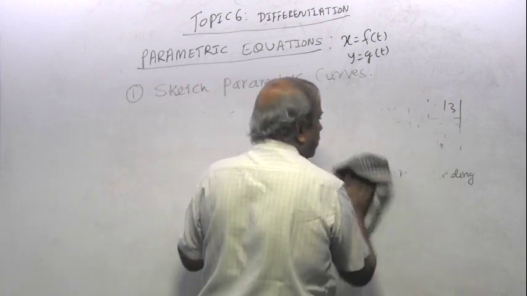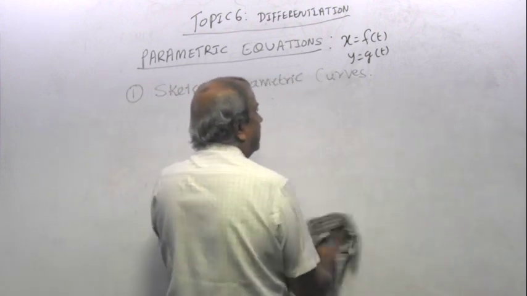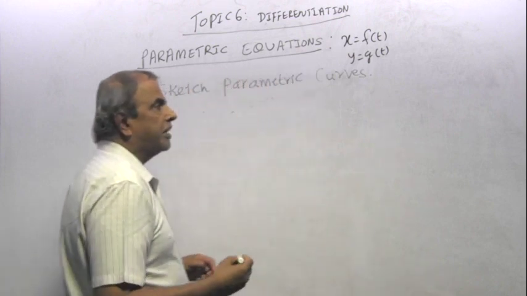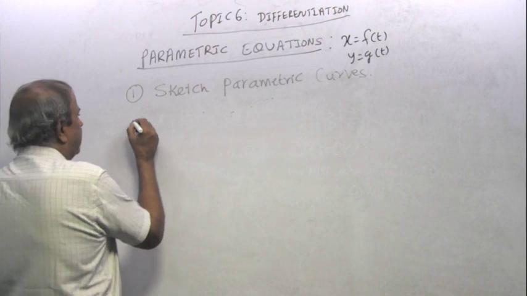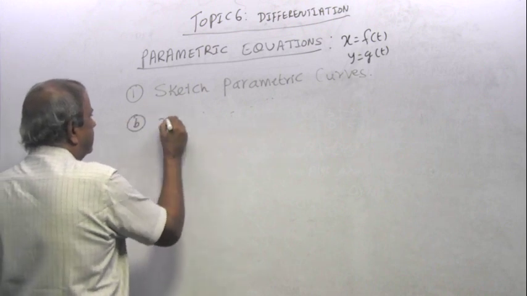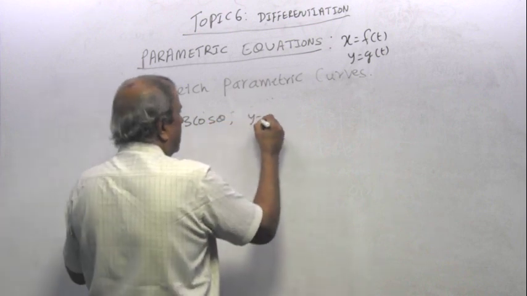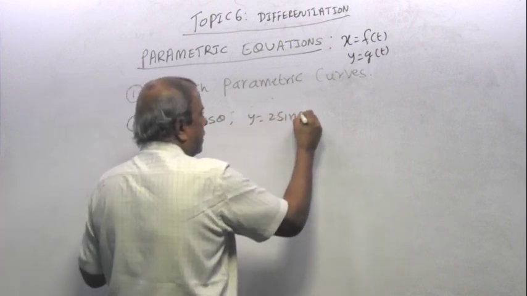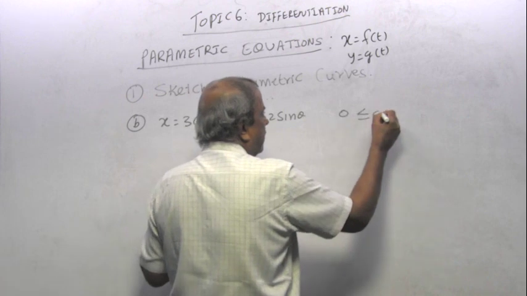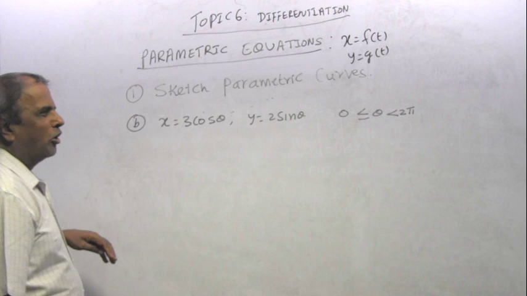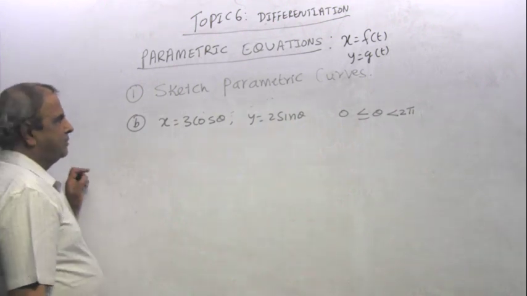This lesson, I'll just show you how to sketch curves. x equal to 3 cos theta, y equal to 2 sin theta. Of course, they will obviously mention 0 less than or equal to theta less than 2 pi. Even if they don't mention it, you assume it generally.